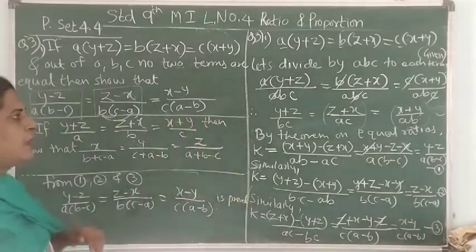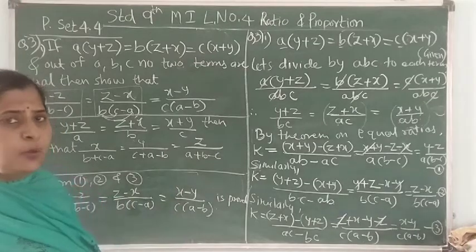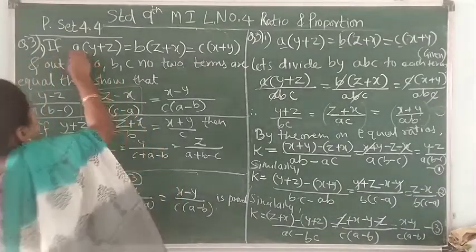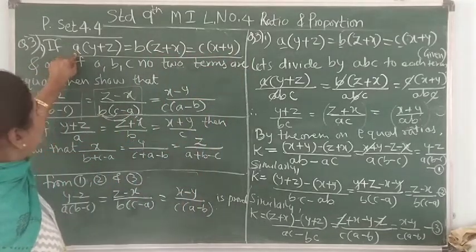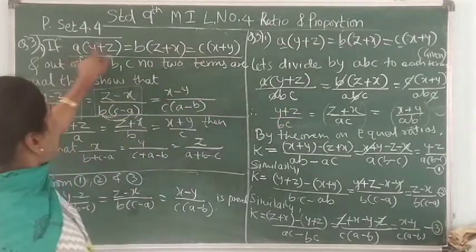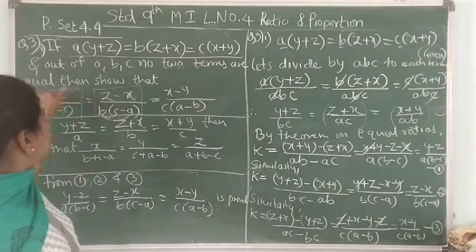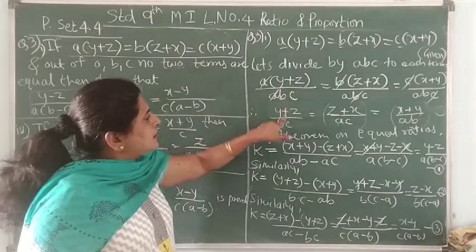Okay. So let's have a quick recall of what we have done here. Basically, we were given this statement. From this statement, to get the ratio, we divided each term by ABC, so that ABC in the numerator has been cancelled, which we do not want here, and we have got this ratio.